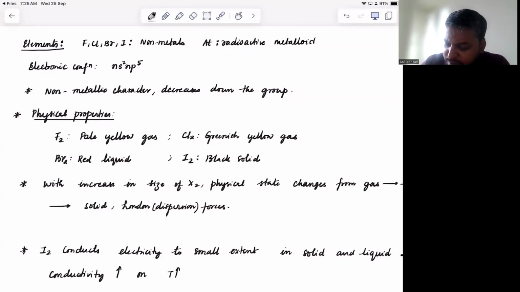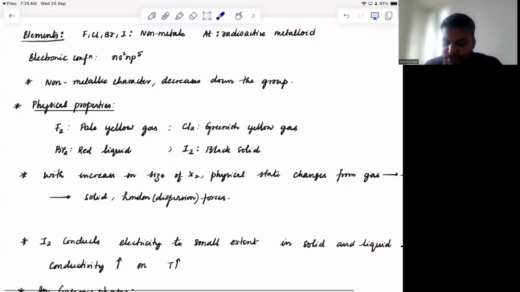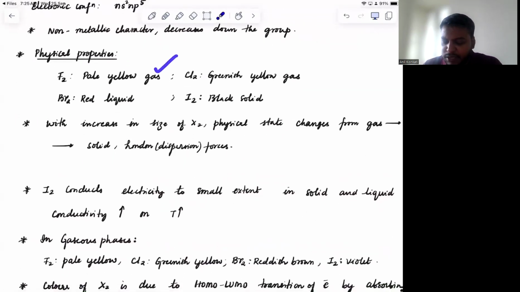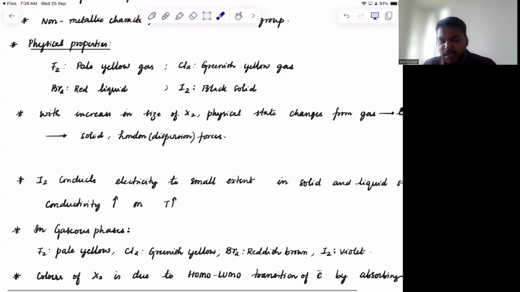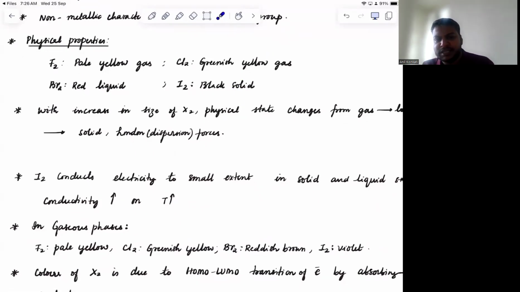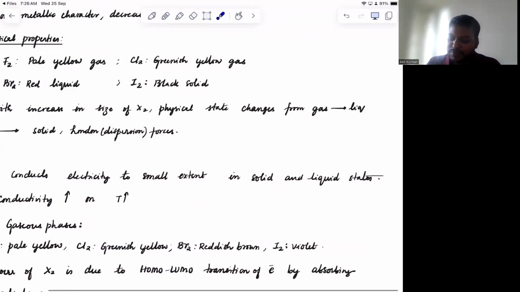Next. General configuration is ns2np5 here, and they all show non-metallic character, and that decreases down the group. F2 is a pale yellow color, Cl2 is greenish yellow, bromine is a red liquid, iodine is a black solid. And with increasing the size of X2, physical properties change from gas to liquid.